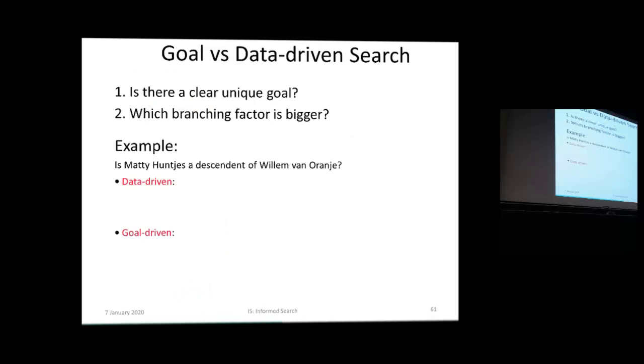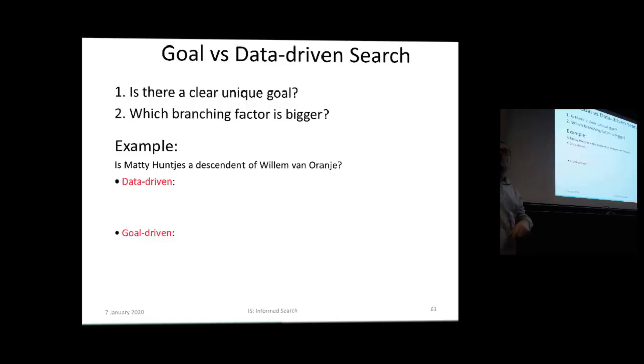So you all know mathematics, I guess. Most of you know. Maybe some people don't. So the big question we all wonder about, of course, is whether Matti is a descendant of Willem von Oranje. So what we have is records of who are the parents of Matti, and we also have all the children of Willem von Oranje.